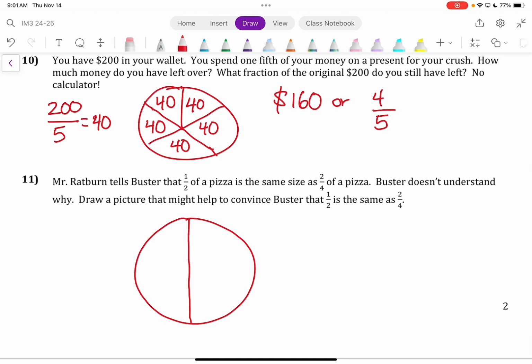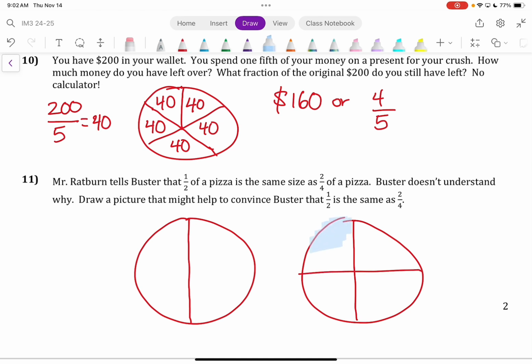So right now it's currently split into half. That means 2 slices, 2 really big slices. Make another circle, put it into 4. Okay. So I could make another circle and split this one into fourths. And maybe if I shade it in, I might be able to show that 2 out of 4 slices is the same amount as 1 out of 2 slices, which I can see here, right?